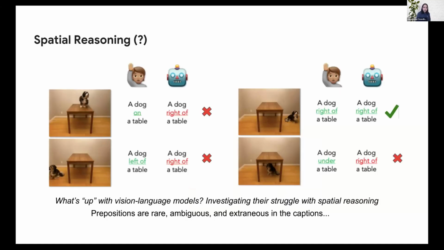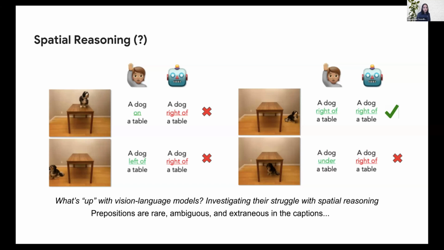Now, another important point that has been brought up in several evaluations this year is the question: do these models really see and understand the images? It's great that there seems to be multimodal reasoning, but is there spatial reasoning in these models? These are some figures from a paper, What's Up with Vision-Language Models, questioning their spatial reasoning capabilities.